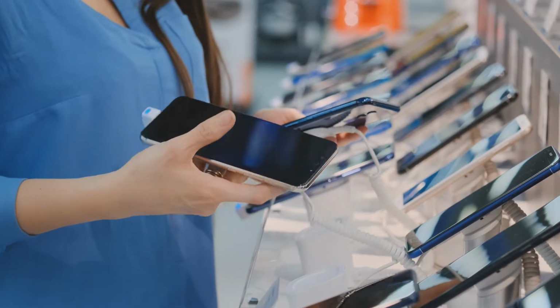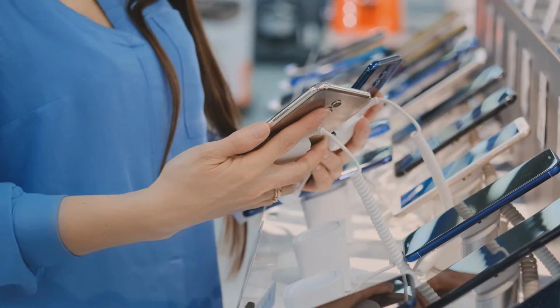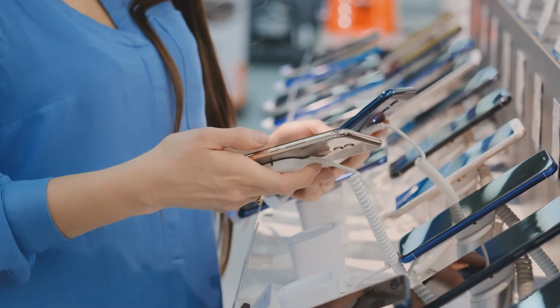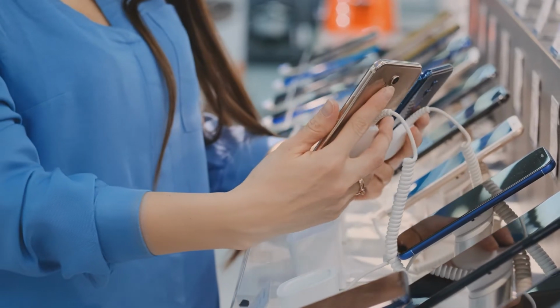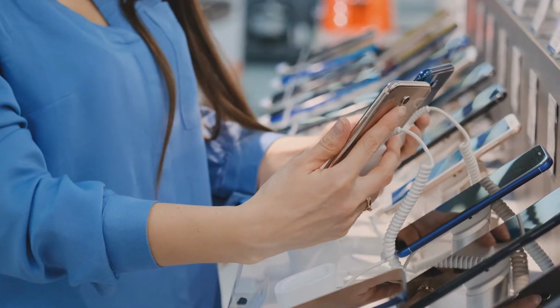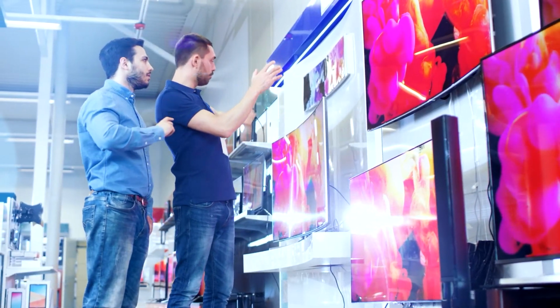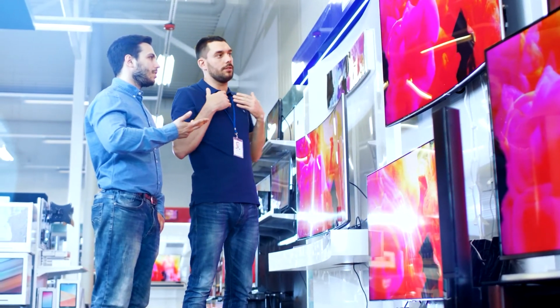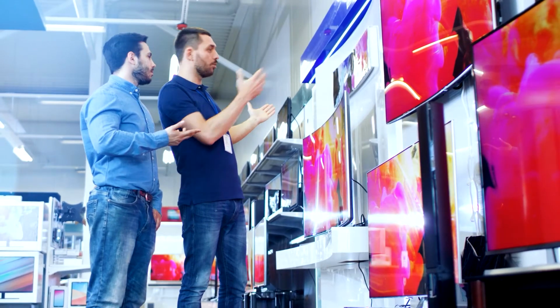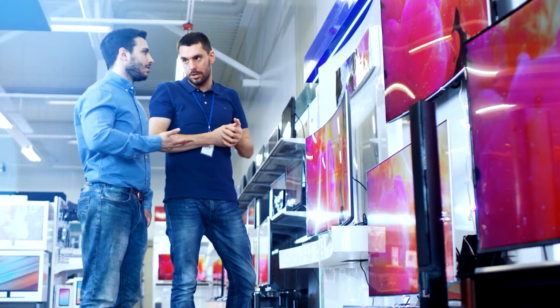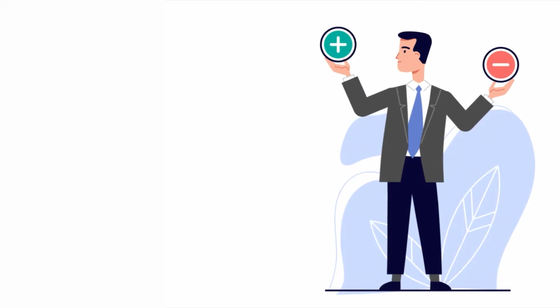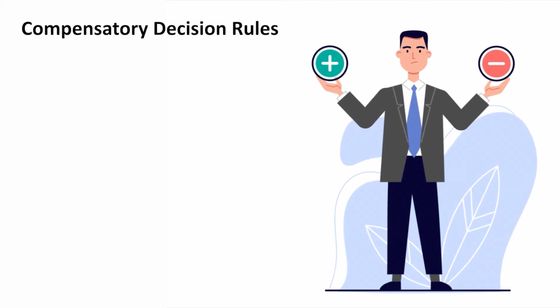So how do consumers make decisions in general? It is complex because it is hard to juggle all evaluative criteria in the consumer's head. For extended problem-solving decisions, consumers often consider all the evaluative criteria and the relative importance of each one. This is called compensatory decision rules.